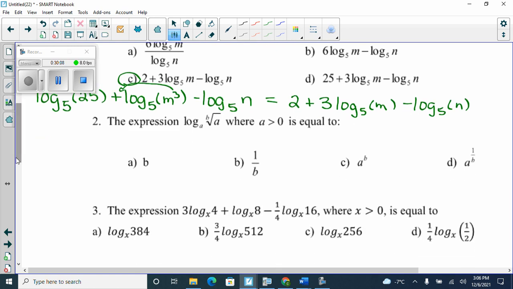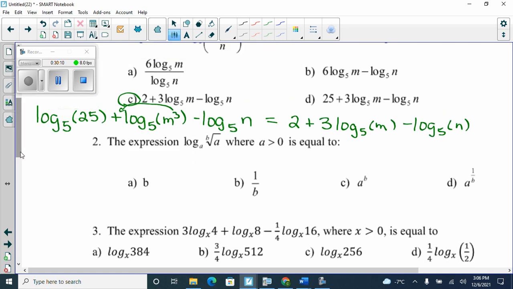This one, if the square root is to a half, what's the b root? If the square root is to a half and the cube root is to a third, what's the b root? 1 over b. From grade 10, you learned this. You take this, write the exponent of 1, drop the b underneath, right?